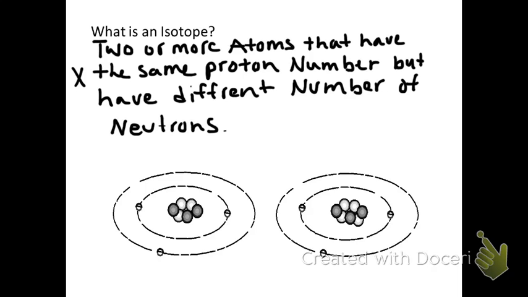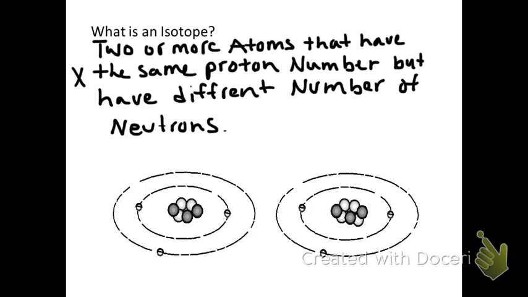Okay, so let's take a look at these two models. Remember we talked about in the first lecture that we would often use models to represent how matter behaves. In this case we're going to look at two atoms, and if you look closely, these two atoms are not exactly the same. They do have the same number of protons, however.